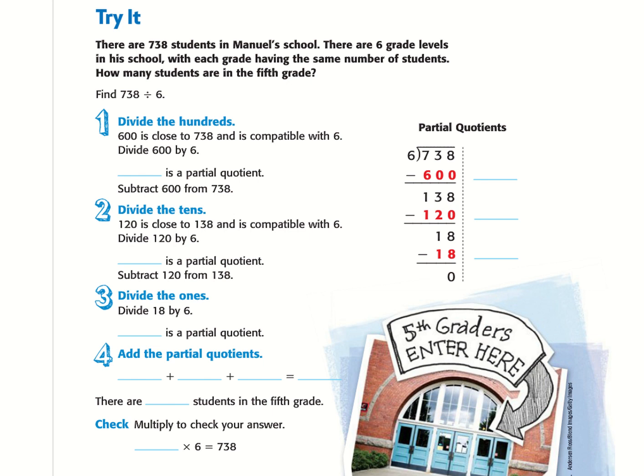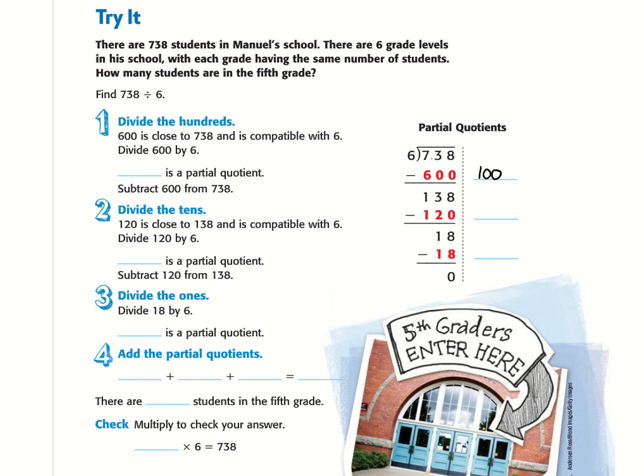So first, we're going to divide into the hundreds. So 600 is close to 738 and is compatible with 6. Divide 600 by 6. So this is a new method of dividing. It's called partial quotients. And we know 6 goes into 600 100 times.